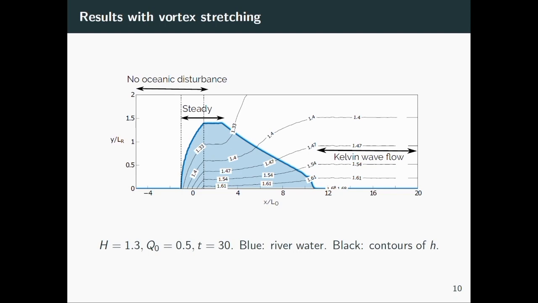We have this steady current forming, and the Coriolis-driven Kelvin wave is faster than the propagation of the river water and disturbs the fluid downstream, ahead of the river water.